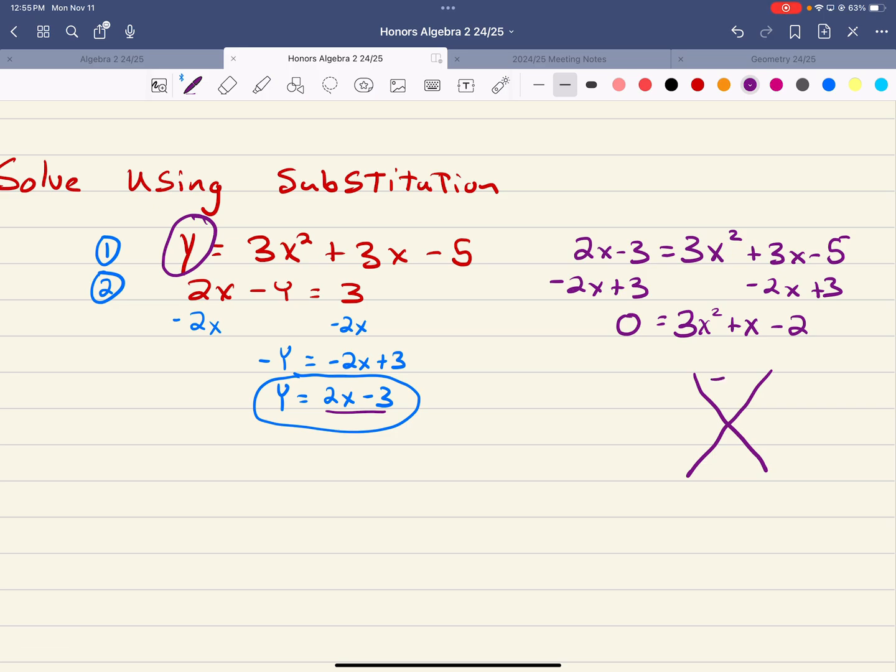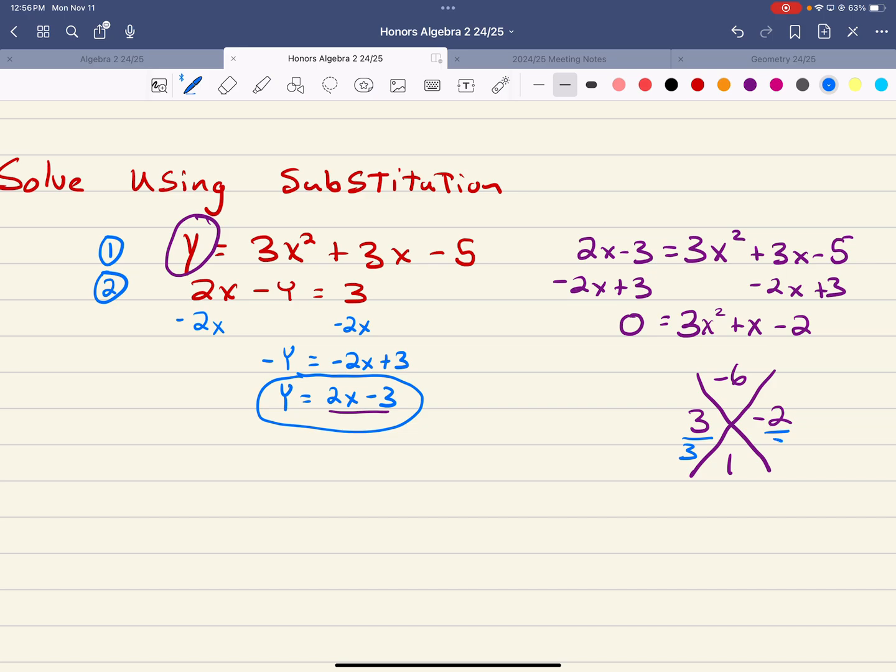Okay, so we get negative 6 on the top and 1 on the bottom. So that's positive 3 and negative 2. But remember, I had an a value that was 3, so I have to divide by 3. That reduces to 1.